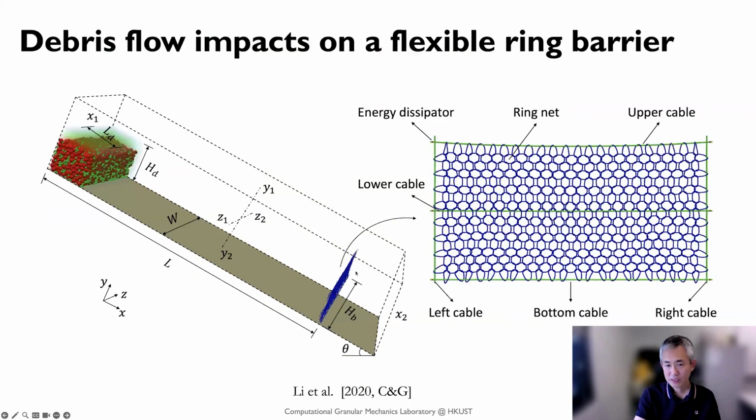Now we put such a ring net barrier along an inclined slope and subject it to a mixture of debris flow impact here. The ring net barrier includes the net itself, the energy dissipating part, the three layers of cables, and also the vertical left and right cables here.